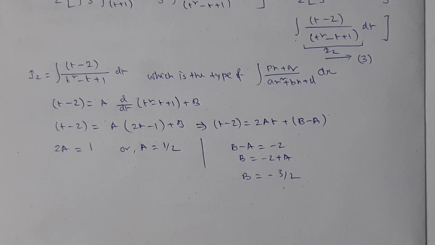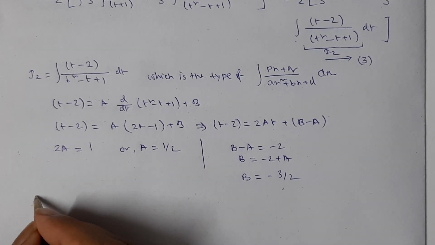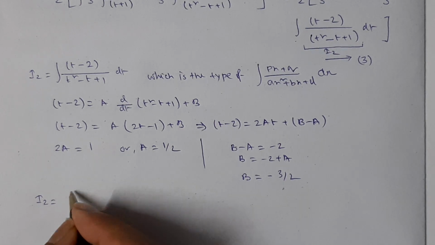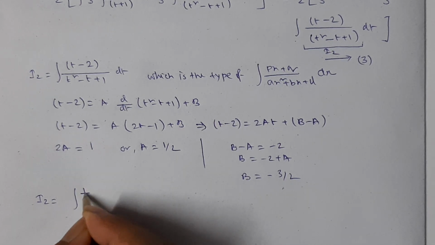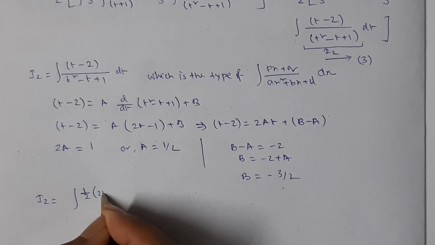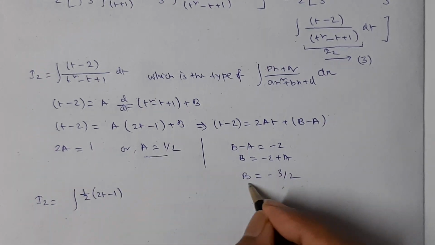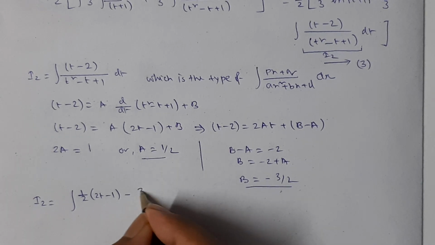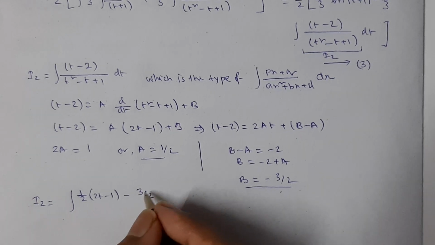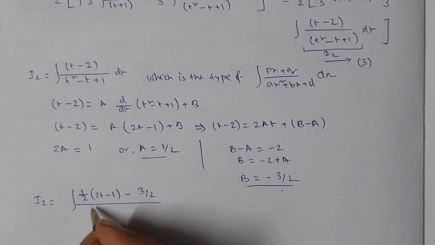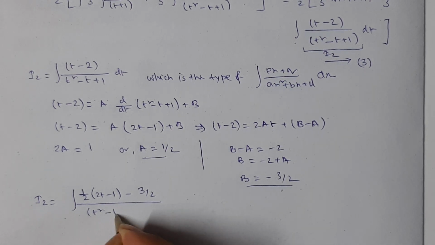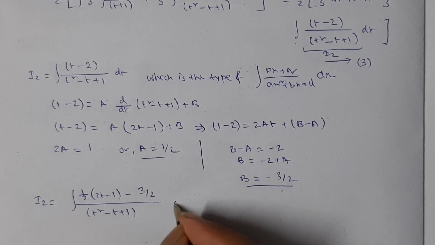So integration I2 is equal to half (2t minus 1), because this is the value of a, and minus 3 by 2, over (t² minus t plus 1) dt.